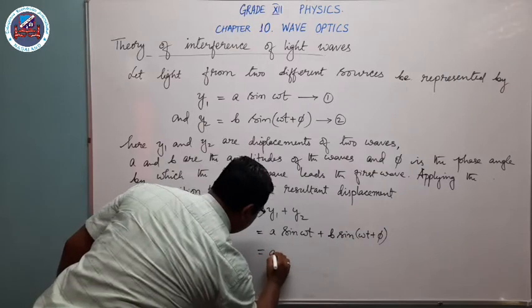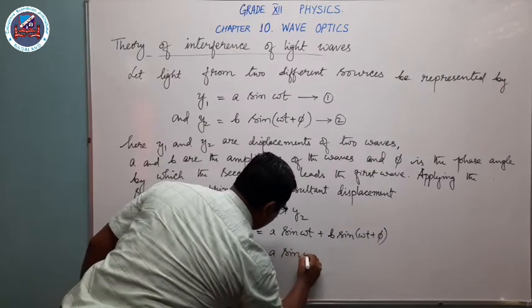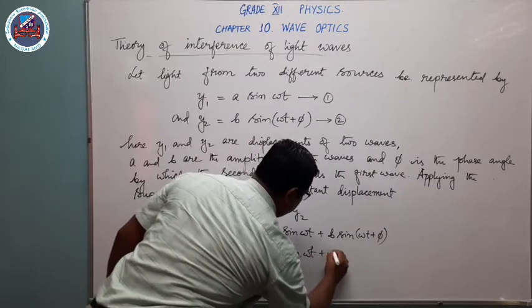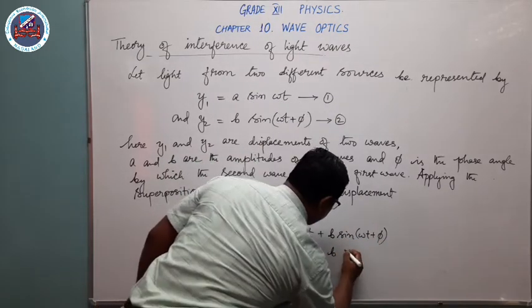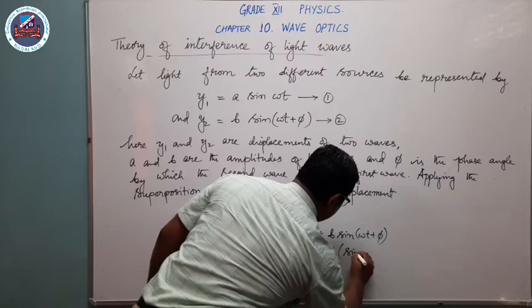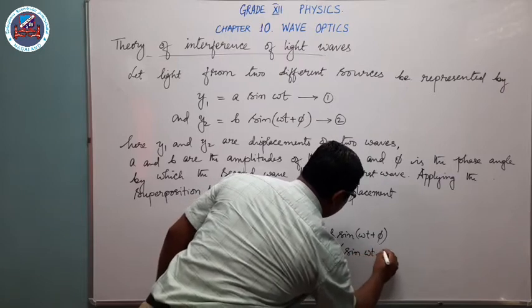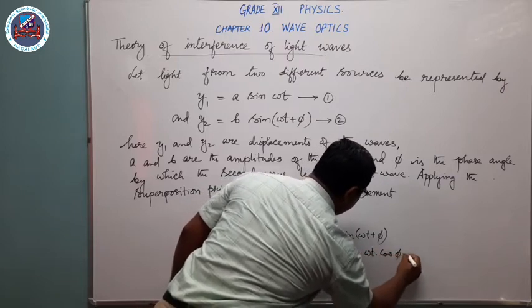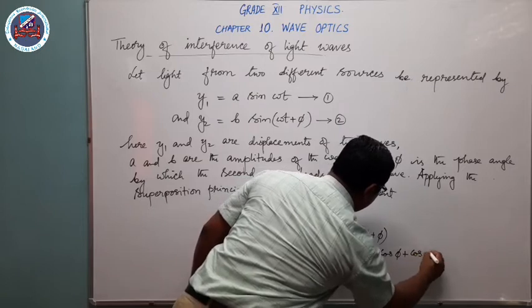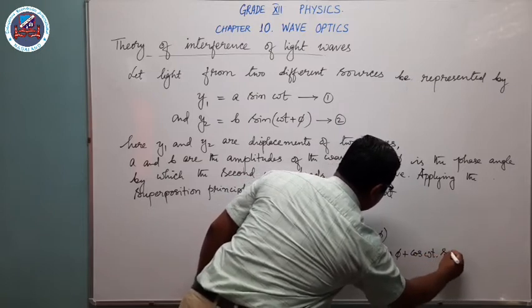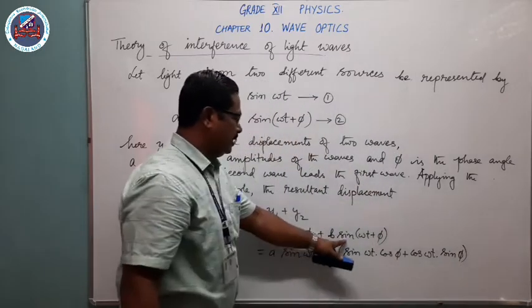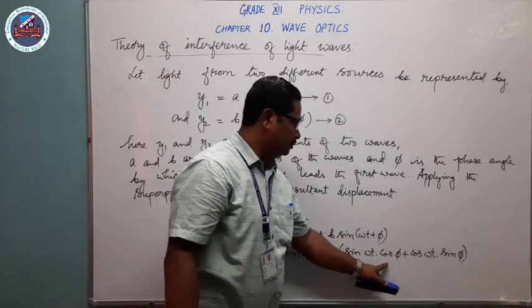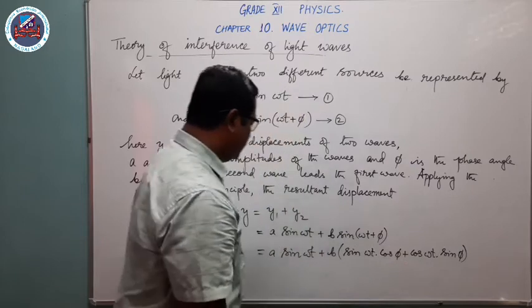This one you can write as sine a plus b. Your compound angle formula you can use: sine a plus b is sine a cos b plus cos a sine b.